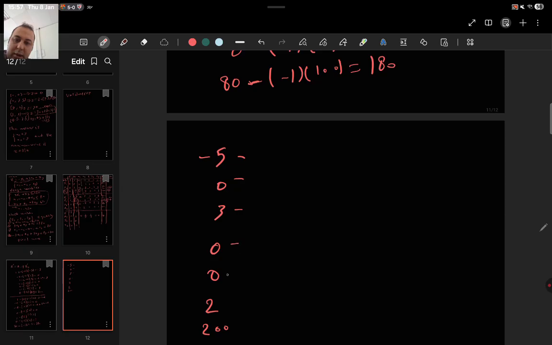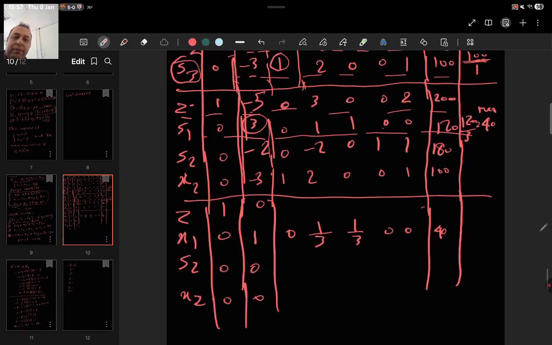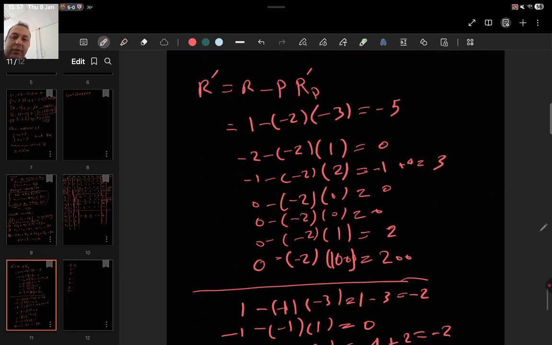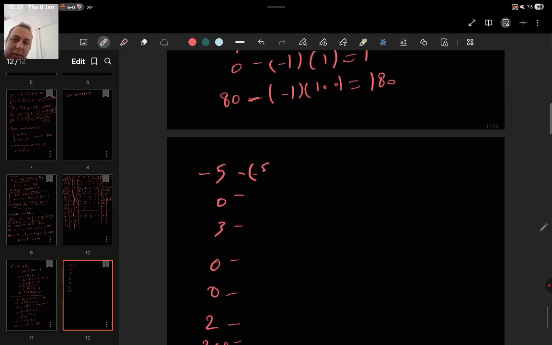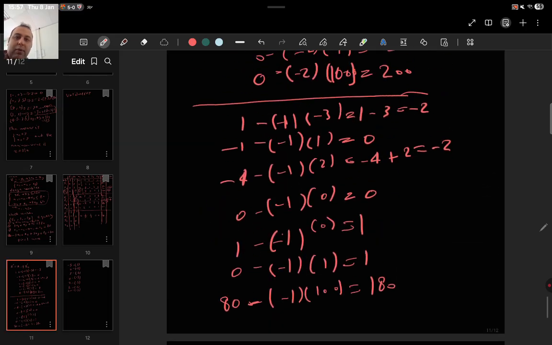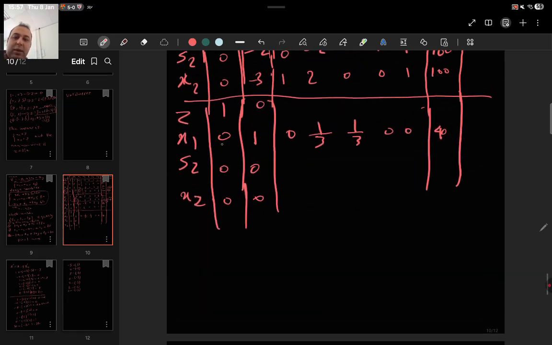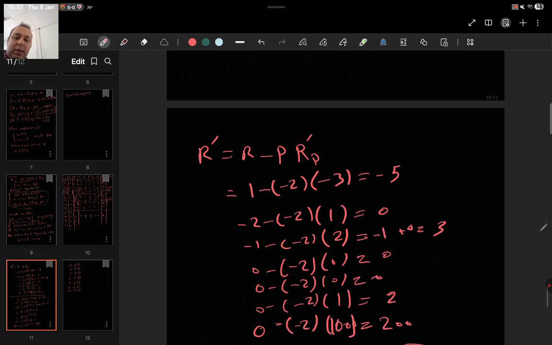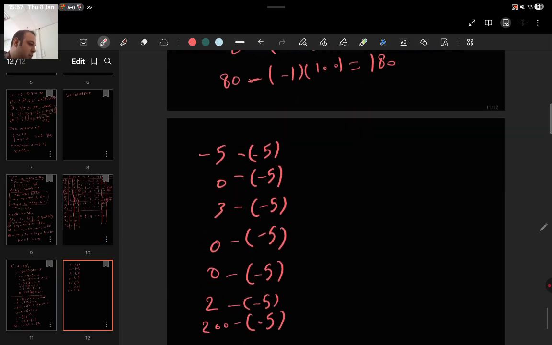Minus the pivot value of this column, which is minus 5, in brackets. What's the new pivot value? It is this one.